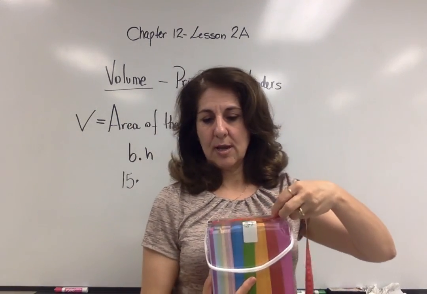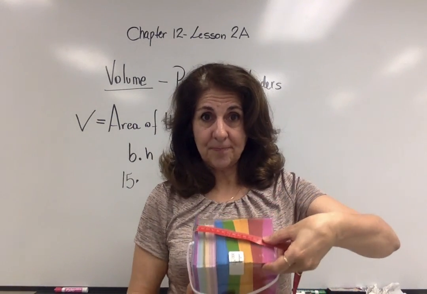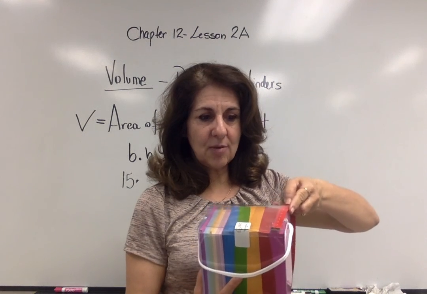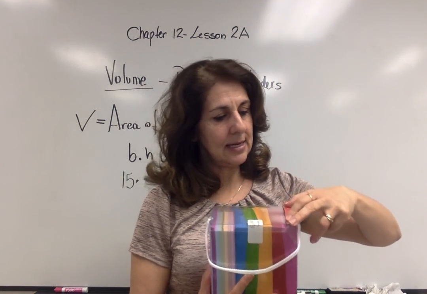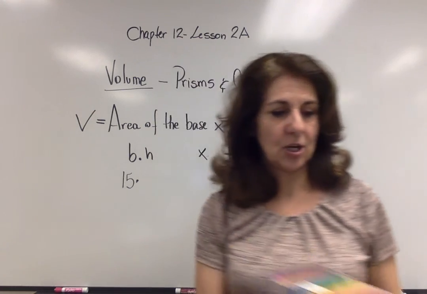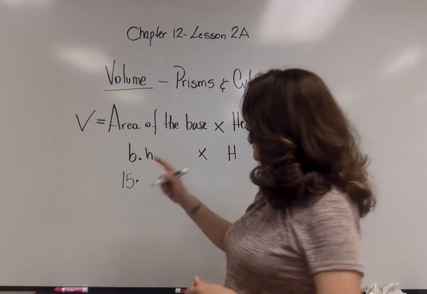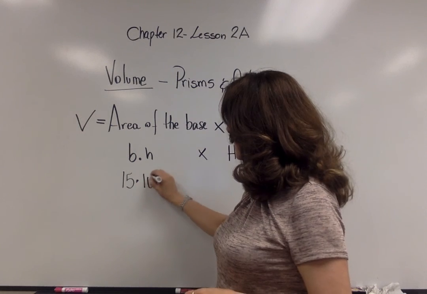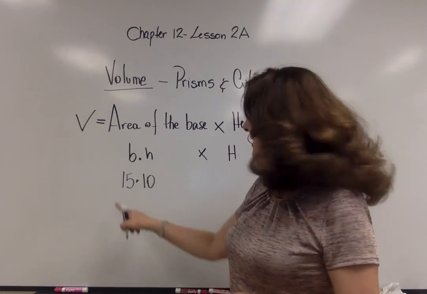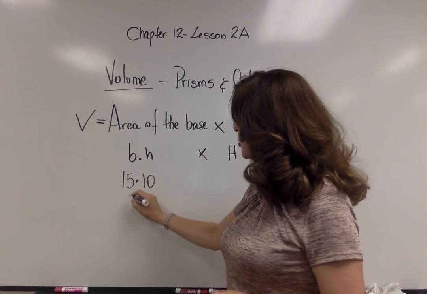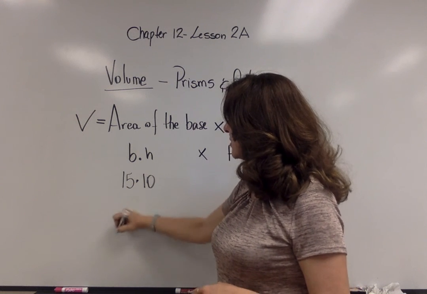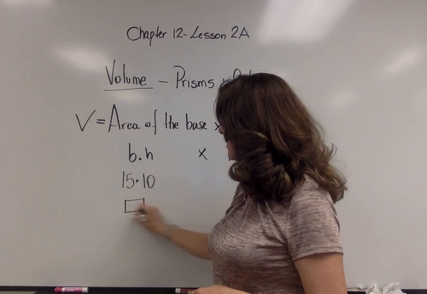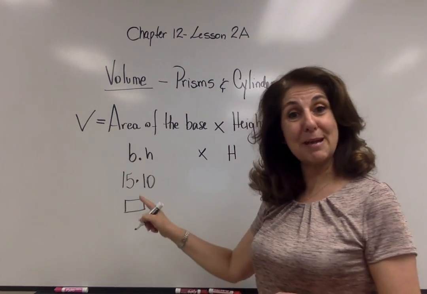I measured how much it is this way, and now I'm going to measure how much it is this way. So base times height, and here I have 10 centimeters. So base times height, 15 times 10. This is how I find the area of the base. Oh, it's not a square, it is a rectangle. So this is my base.